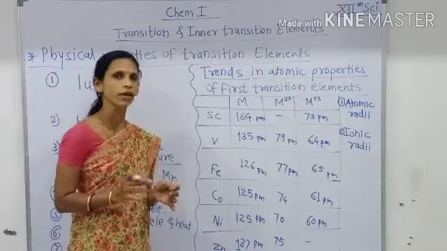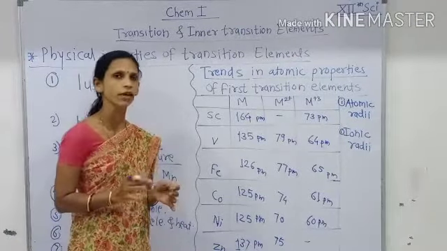Beyond nickel, for copper and zinc, atomic radii increase slightly because of their completely filled 3d orbitals.